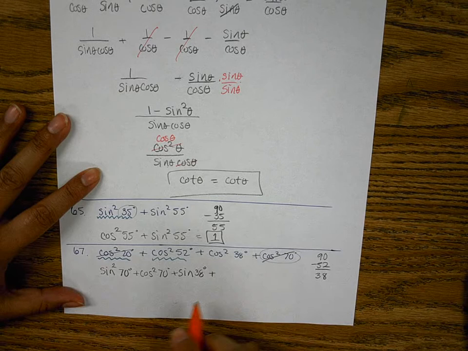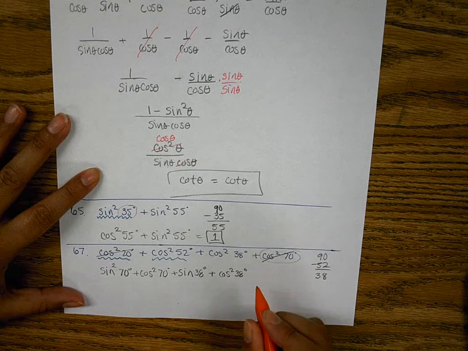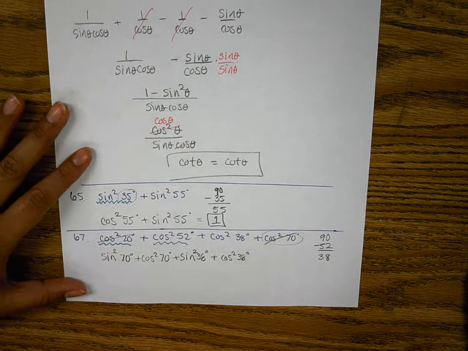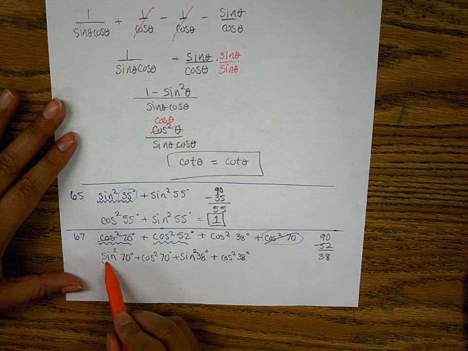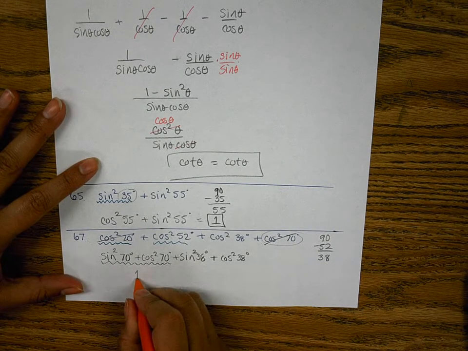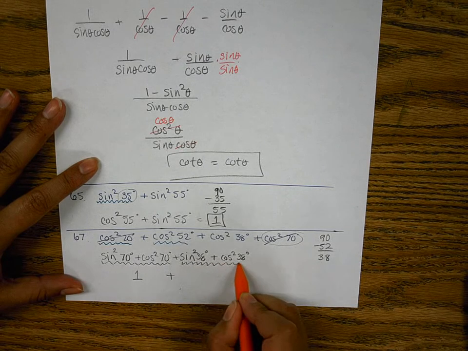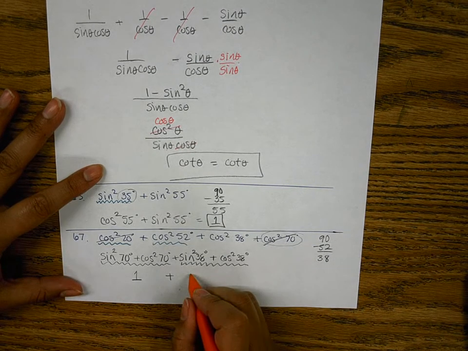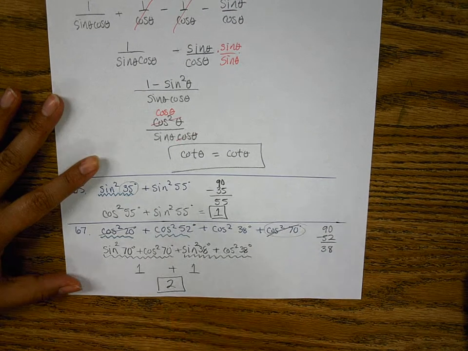So you have sine of 38 degrees plus cosine squared of 38 degrees. And I forgot my squared there. And now we have two Pythagorean identities. Sine squared 70 plus cosine squared 70 is 1, plus sine squared 38 plus cosine squared 38 is another 1, and 1 plus 1 is 2.